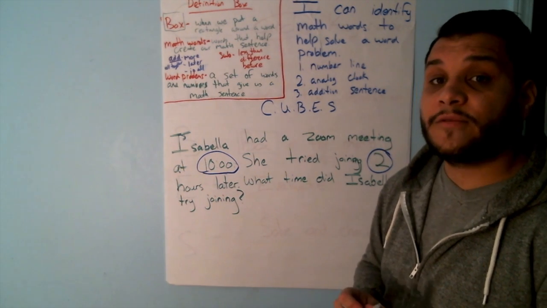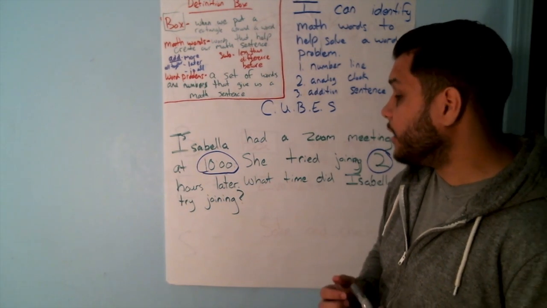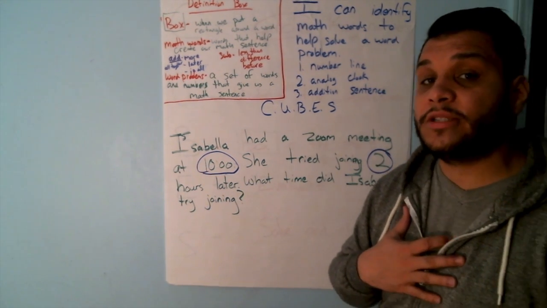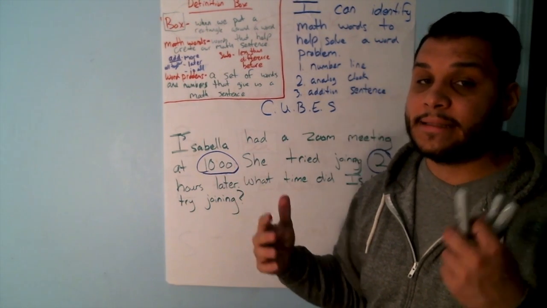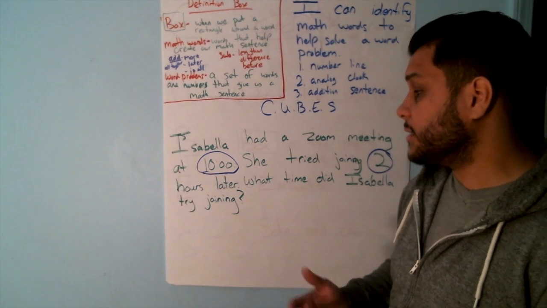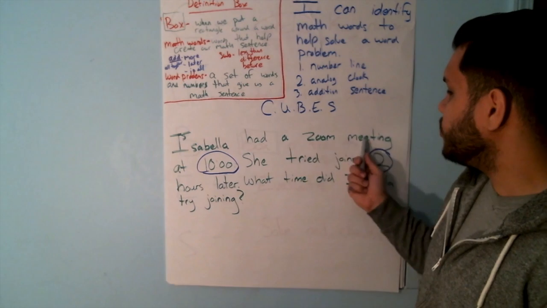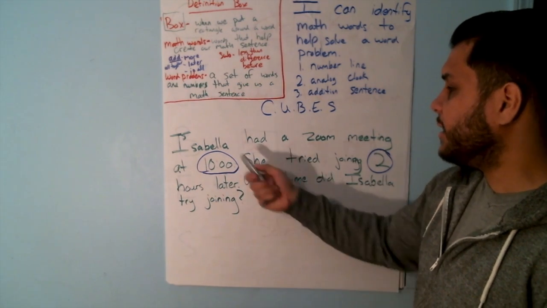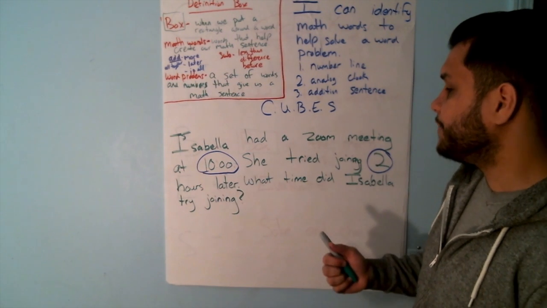U stands for underline the question. We know that our questions start with who, what, where, when, why, and sometimes how, amongst others. So do we see any of the words here? Isabella had a Zoom meeting at 10. No question mark there, and none of our question words. She tried joining 2 hours later.